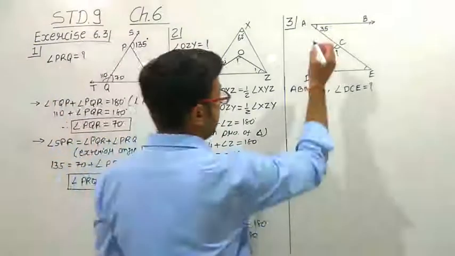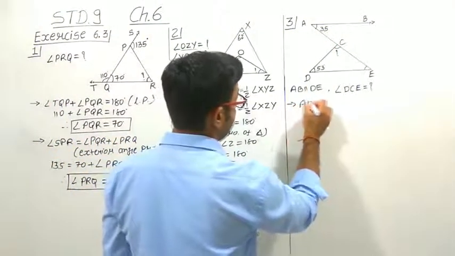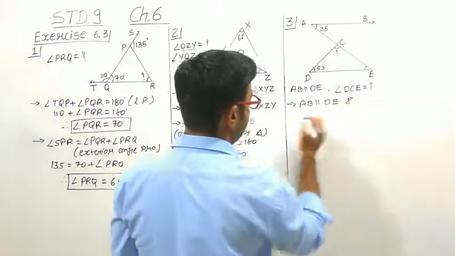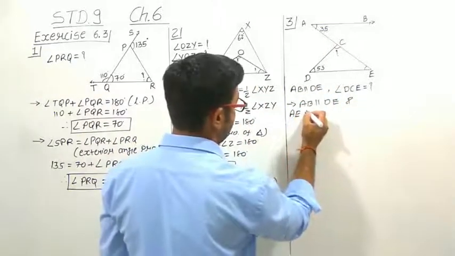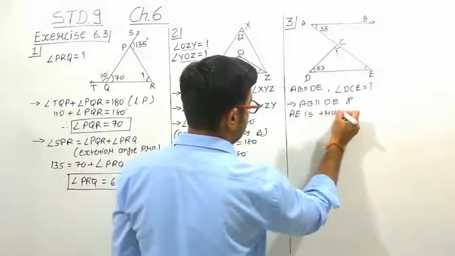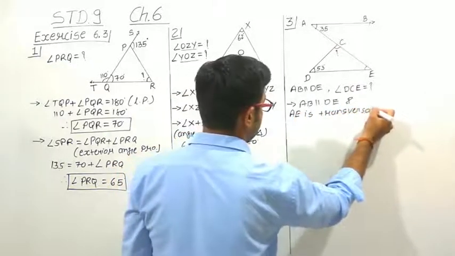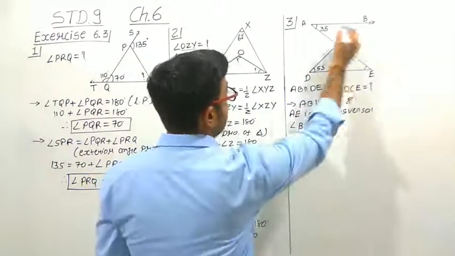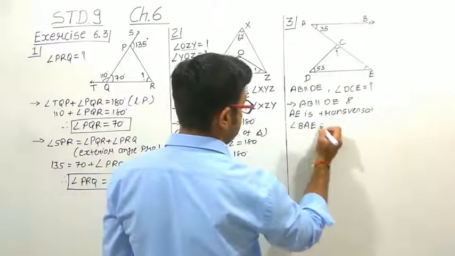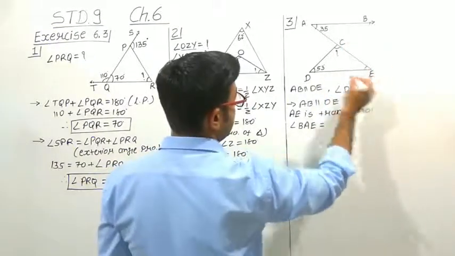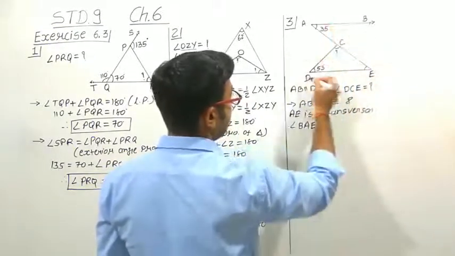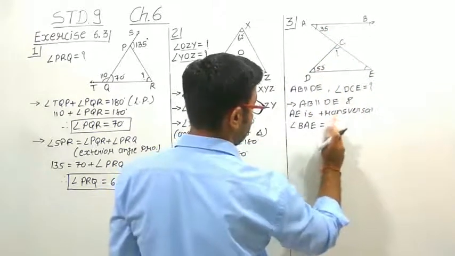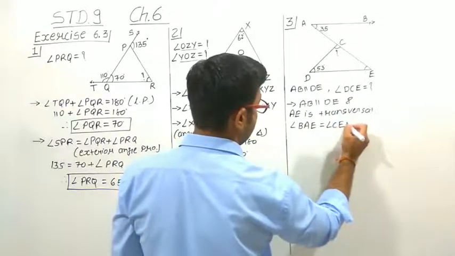For this, it is given that AB is parallel to DE, and if we consider AE as a transversal, then we can write that angle BAE is equal to angle CED, or AED. Here we write angle CED.